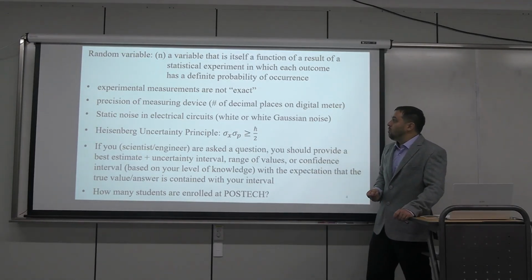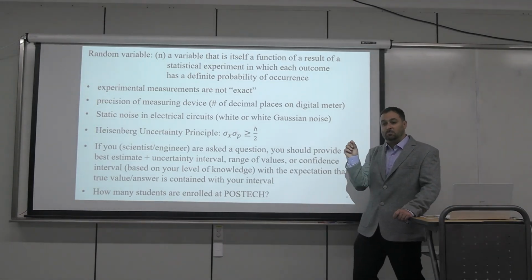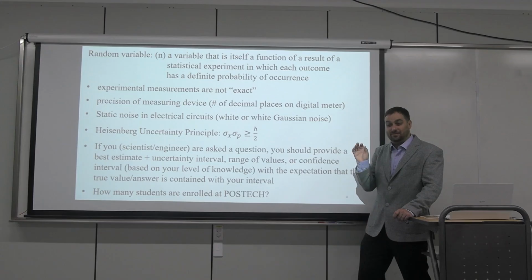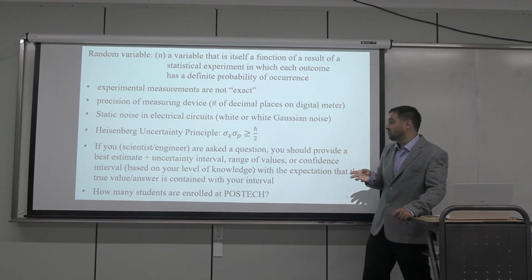And so what we should always think about as scientists and engineers is that the things that we are measuring or observing are not exact values, okay? If we were to repeat these measurements, we would actually end up seeing a distribution of values, okay?